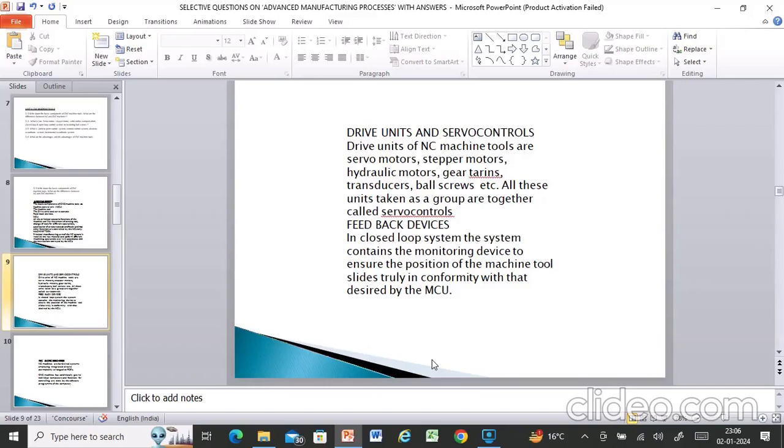Whatever the MCU has dictated about the position of the machine tool slides or the cutting tools, the feedback devices give that position continuously back to the MCU so that it can ensure the conformity of the executed movements.